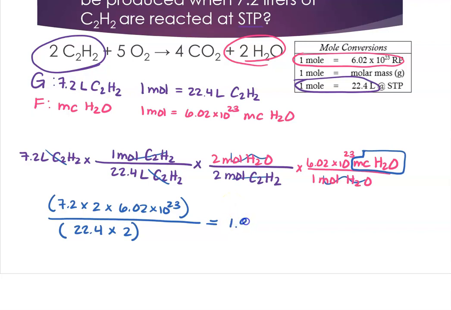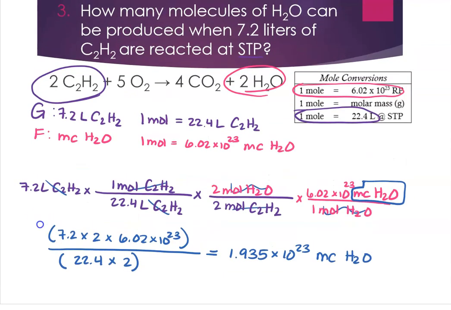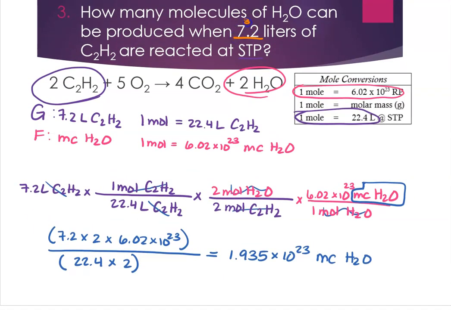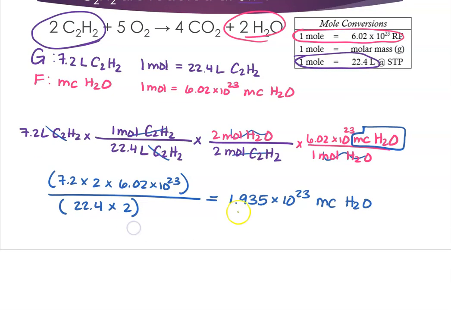And I get 1.935 times 10 to the 23rd molecules of H2O. For my significant figures, this has 2 sig figs, so my answer will also only have 2 significant figures: 1.9 times 10 to the 23rd molecules H2O.